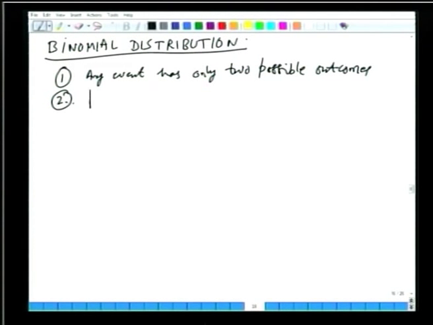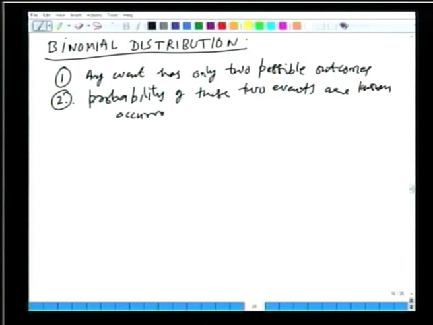Other one is that the probability of these two events, okay, either this or that, are known beforehand, and this is called what? Occurrence. Probability of occurrence is, let us say, defined as P, and the non-occurrence is defined as what?